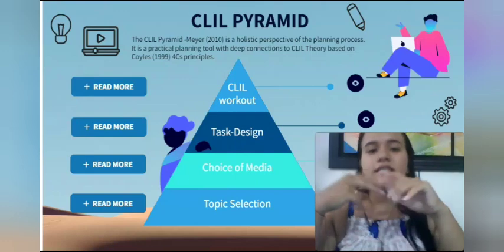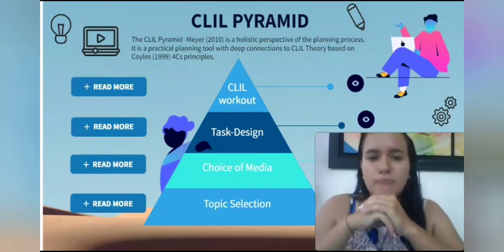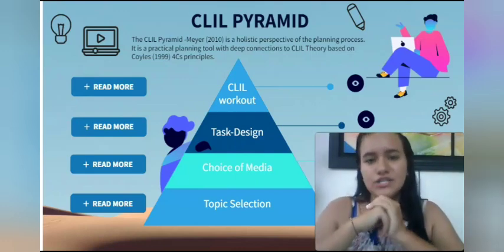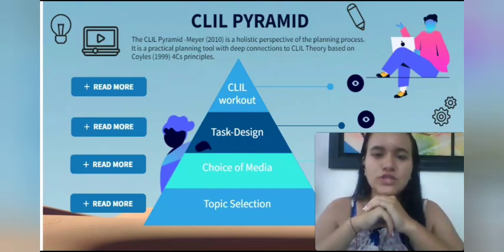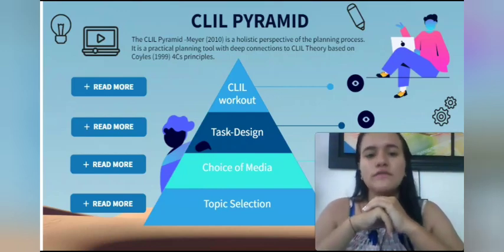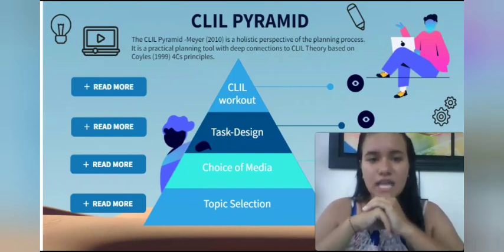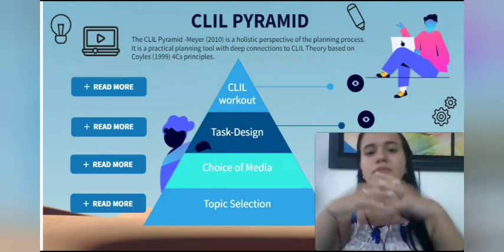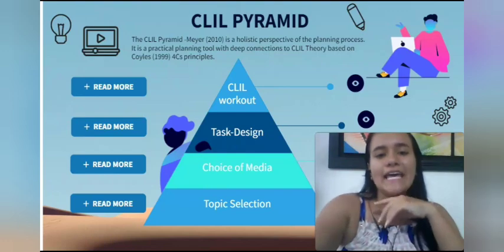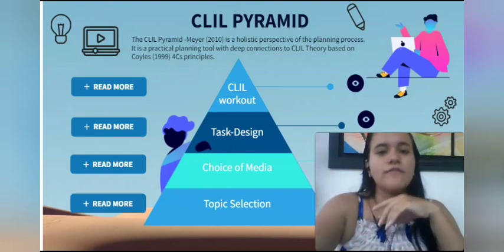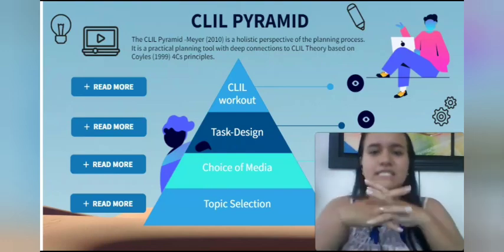The second stage is choice of media. In this stage, the trainer will establish which are the most useful tools in the construction of the process. Different tools can be implemented for the strengthening of basic linguistic skills.